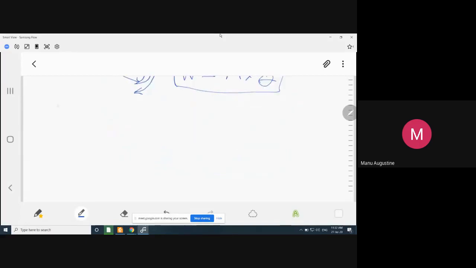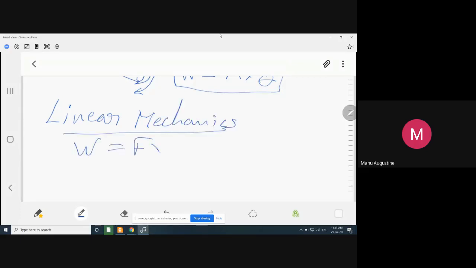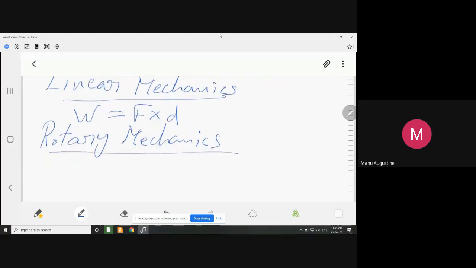So you have to remember both the concepts. In linear mechanics, work done is force into distance. In rotary mechanics, work done is moment into angular displacement. See, moment is always going to replace force.